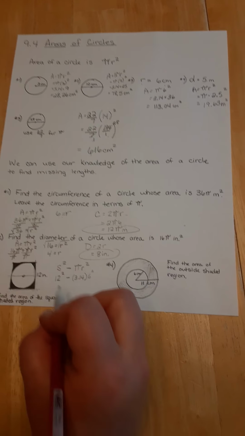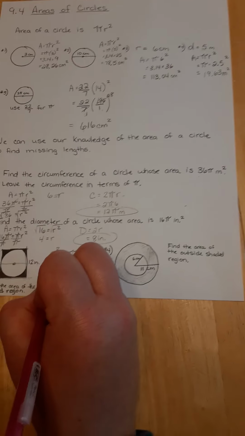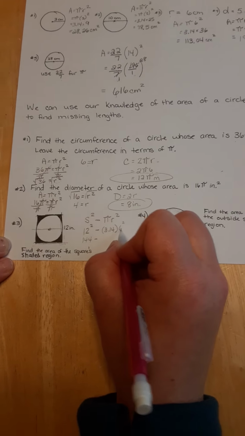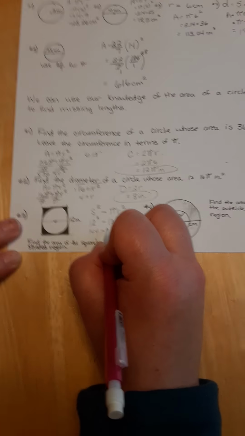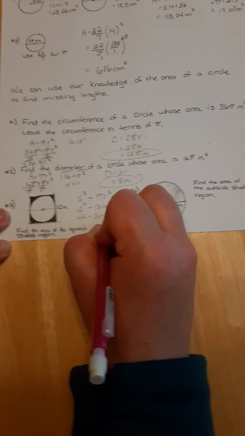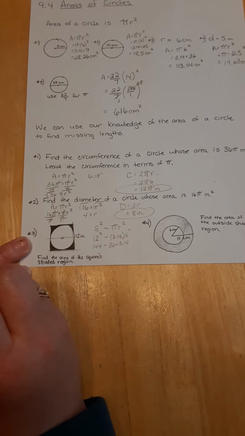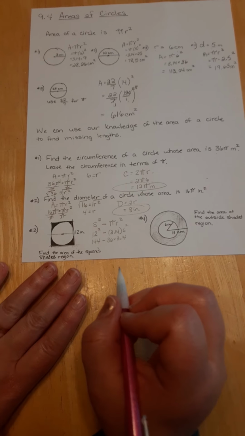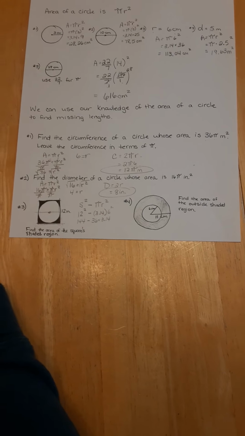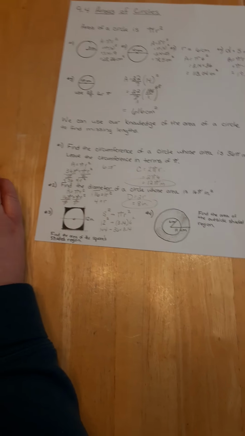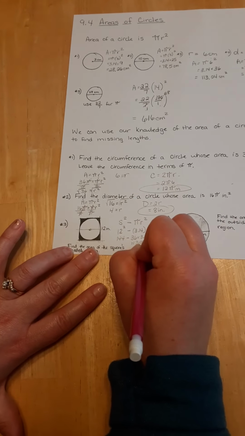So now we're going to do the math. 12 squared is 144. 6 squared is 36. And so I'm going to do 36 times 3.14. Let me go ahead and do it quickly on my calculator. 36 times 3.14, and I get 113.04.